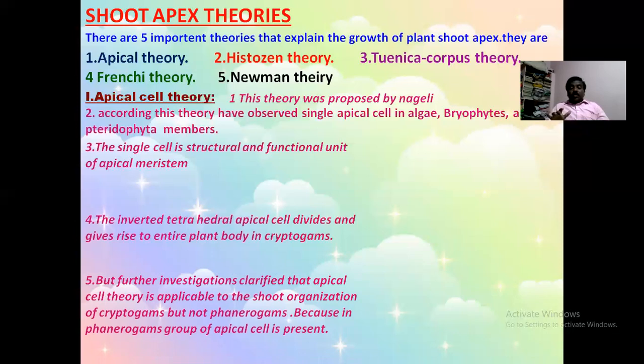It forms a group of cells and develops different types of cell structure. The single apical cell is present only in cryptogams, but not phanerogams.